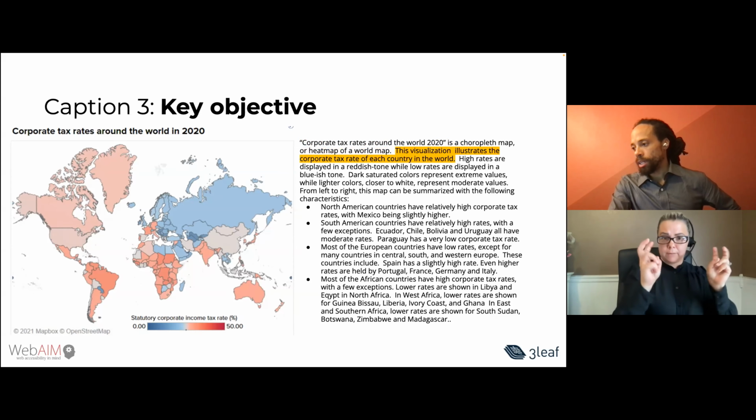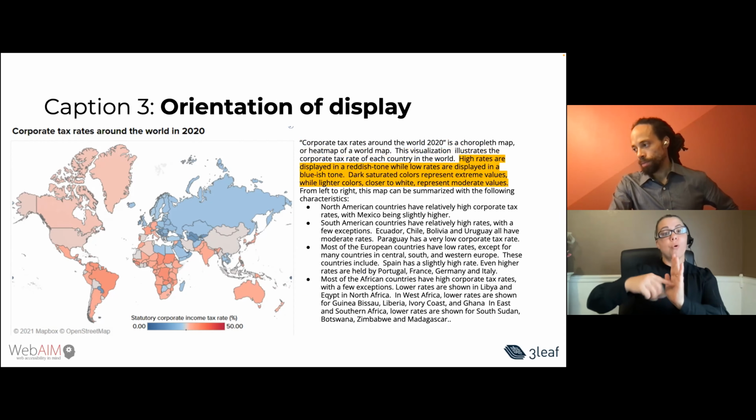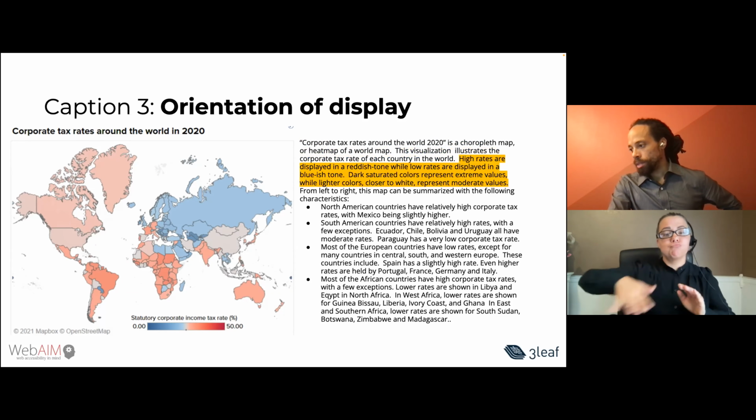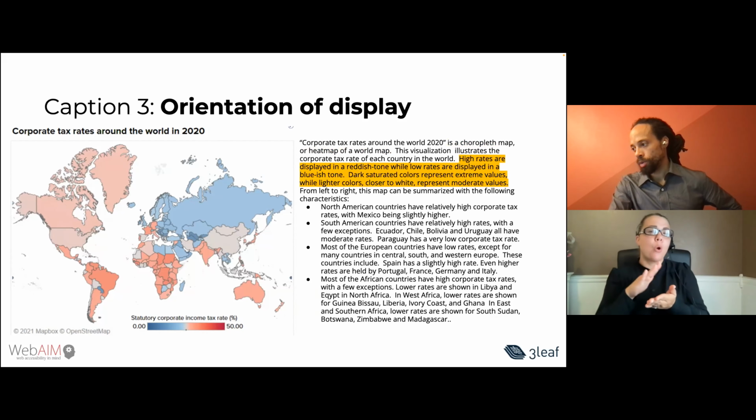The visualization illustrates the corporate tax rate of each country in the world. That was your key objective. High rates are displayed in a reddish tone, while low rates are displayed in a bluish tone. Dark saturated colors represent extreme values, while lighter colors, closer to white, represent moderate values.